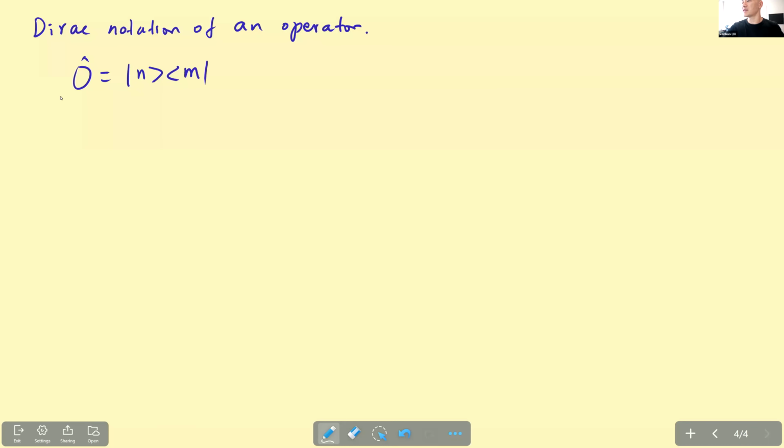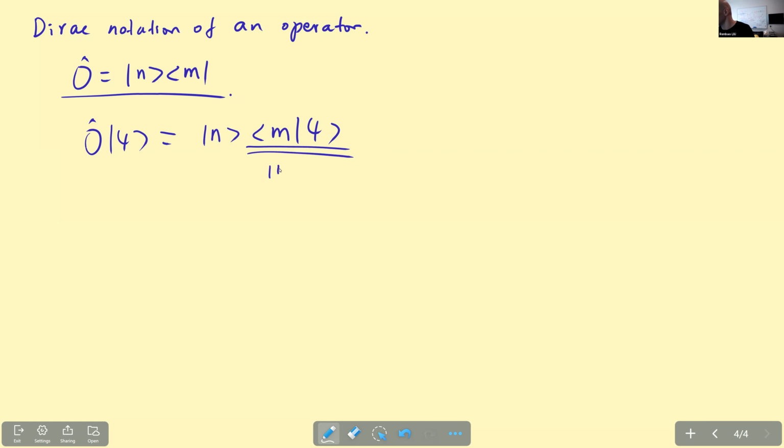Let's look at what is this one. Okay, so you can see that this one, all acting on psi. What will be this result? This equals to m and the psi. Okay, so now you can take this one as an inner product. Okay, and this one is the new state.